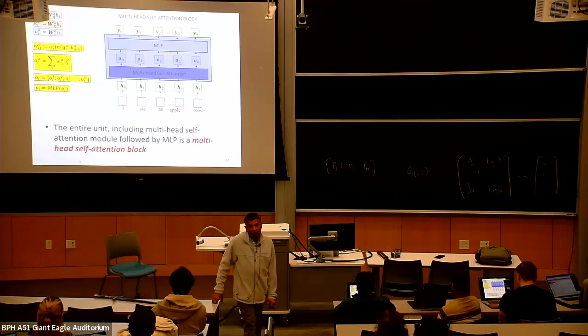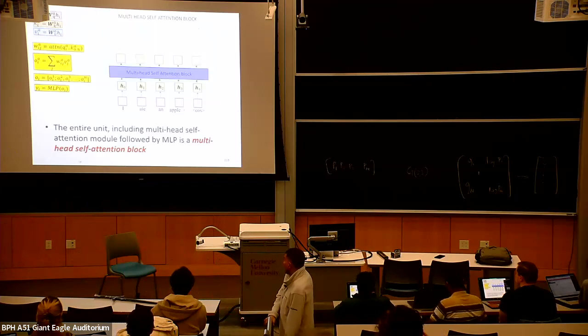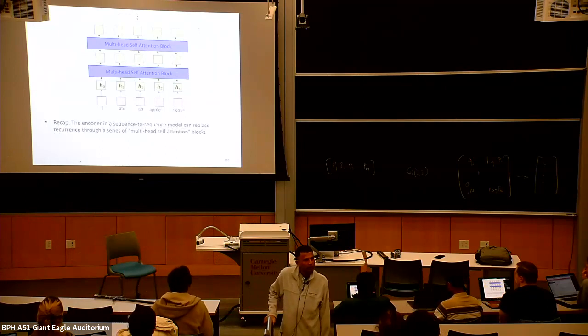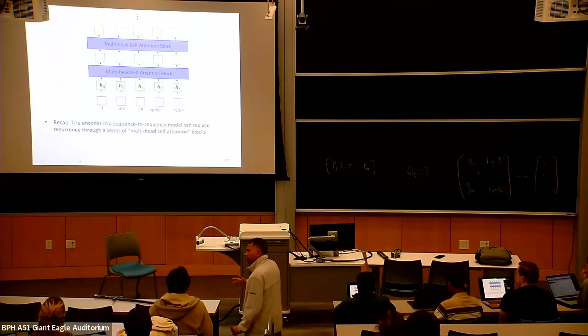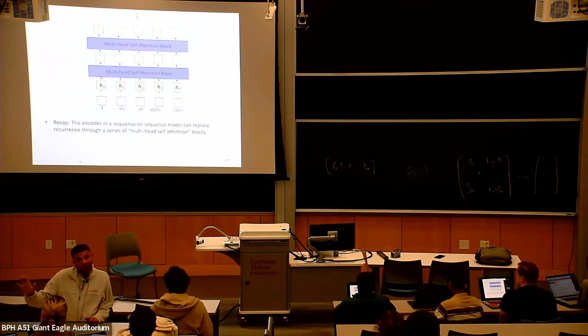And simply because doing it once is not sufficient, typically you have many layers of this to make sure that the representation that you get is properly aligned with the rest of the sentence.